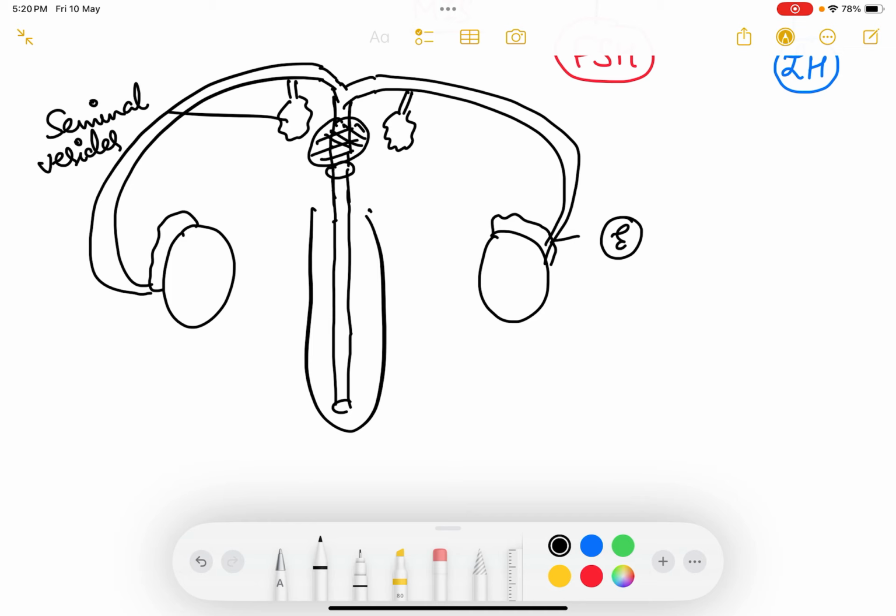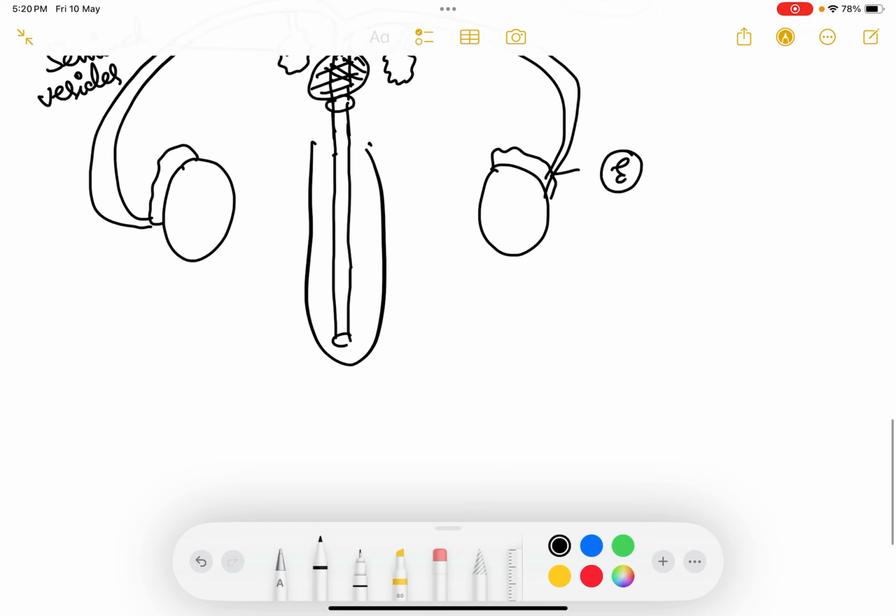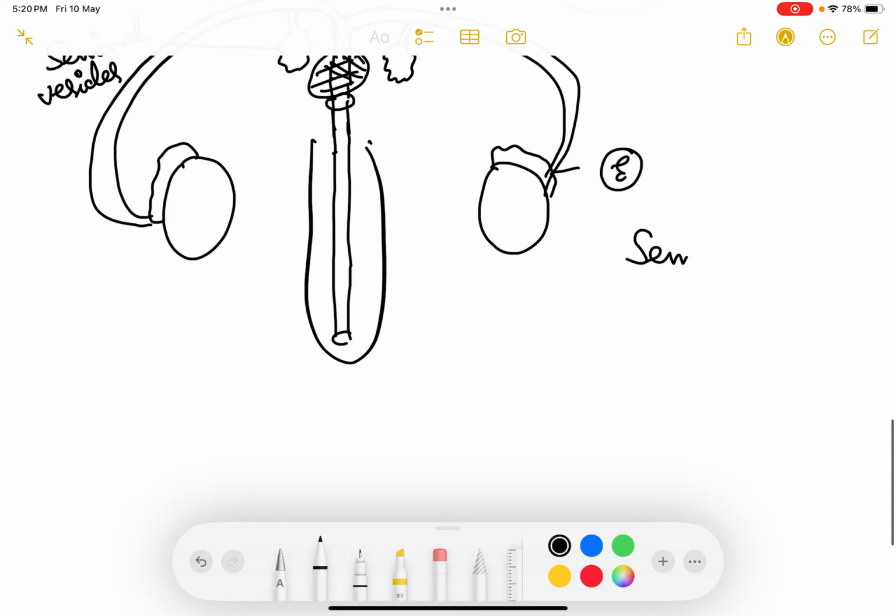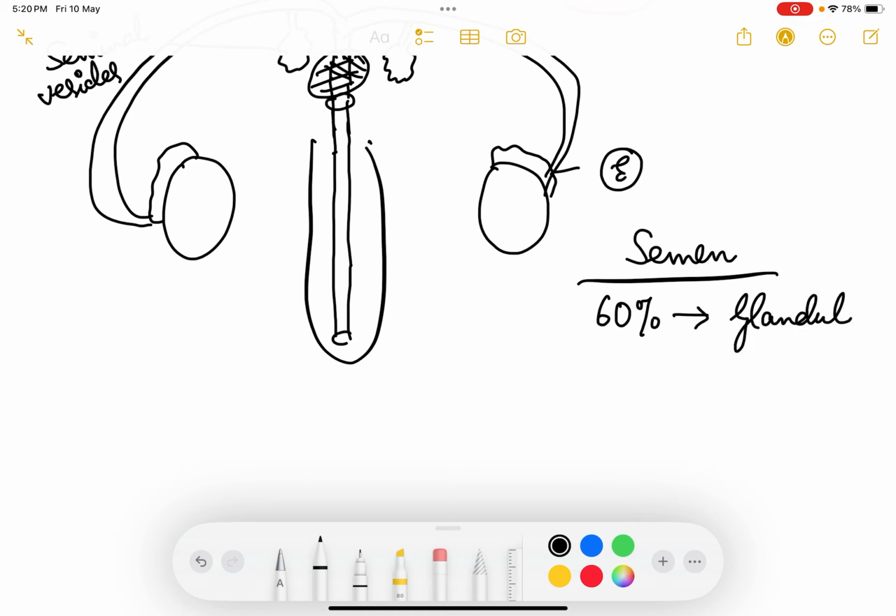What I wanted to say is that if you consider the total semen, 60% of the seminal volume is added by the glandular secretions. It is the glandular secretions which form the major chunk of the seminal volume.